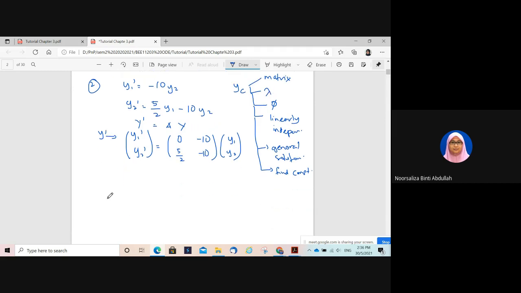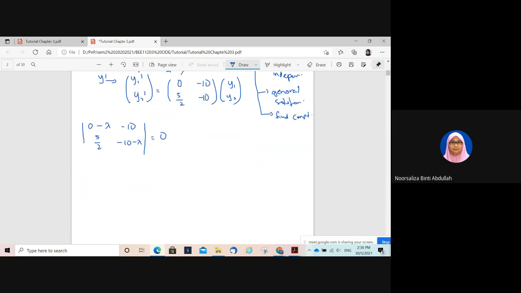The second step is we have to find the lambda. So to find the lambda, 0 minus lambda, minus 10, 5 over 2, minus 10 minus lambda, this one equals to 0.